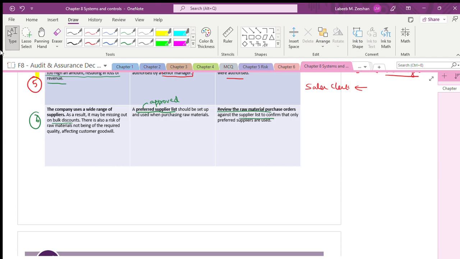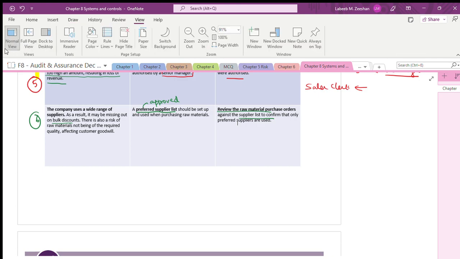The deficiency is that you should not buy from a wide range of suppliers. The control is that you have to purchase from the preferred supplier list or the approved supplier list. What is the test of control? You review a sample of invoices of the raw materials to ensure that orders have been placed with the approved suppliers list.